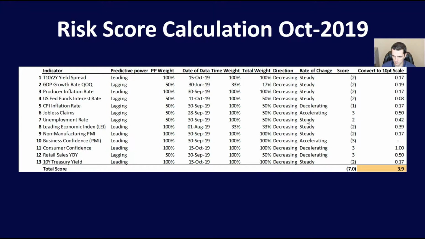Just at a high level, one of the things that catches my eye a lot of times is if I scroll down here and I look at which ones are leading and which ones are lagging, you can certainly see that there aren't really any leading indicators that are actually positive, except for one, and that's consumer confidence. The only positive indicators except for this one are lagging indicators.